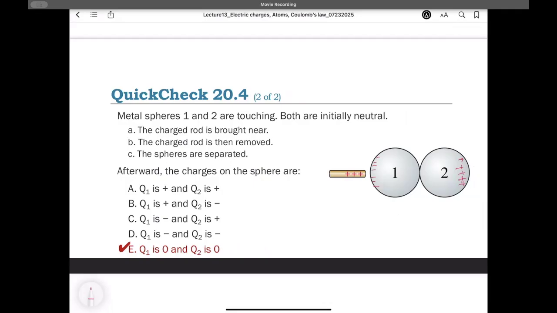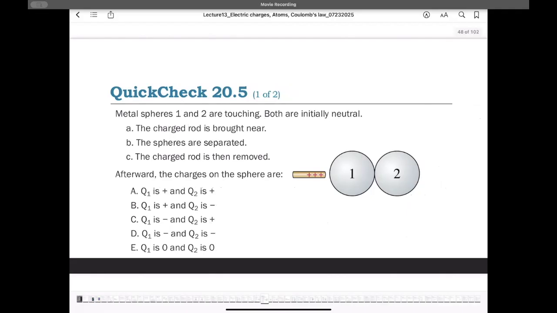But after you remove this charged rod, this polarization situation will disappear, and those two different charges will mix with each other, and those two metal spheres will reach an equilibrium, and then they separate. You can see those processes are very quick to reach an equilibrium and then be separated. So this will be zero, this will be zero. That makes sense to you?